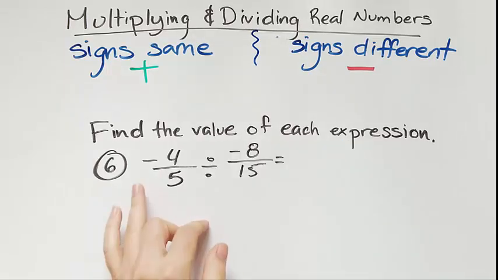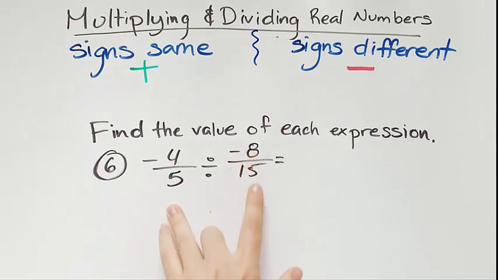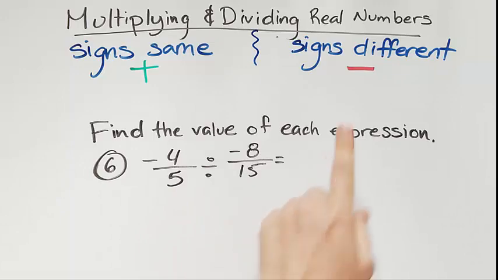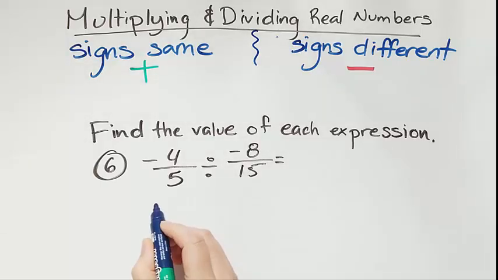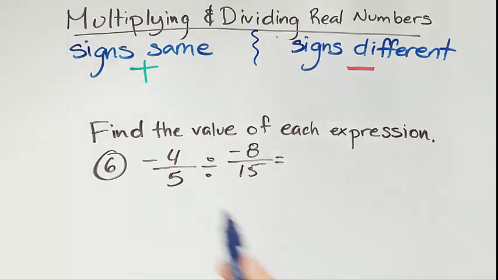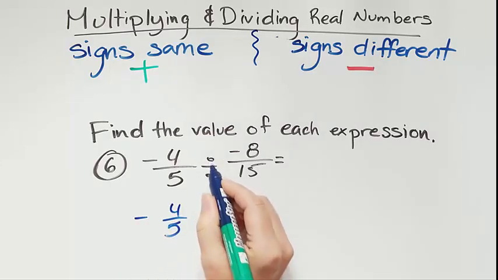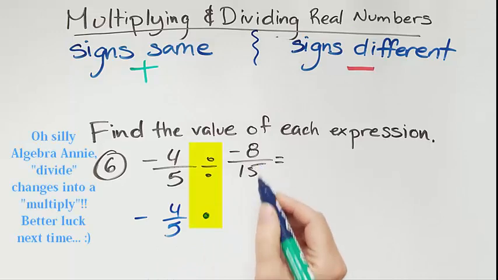Our next problem is negative 4/5 divided by negative 8/15. They're both negative, which means our answer is going to be positive because of the same signs. So now I just need to remember how to divide fractions. If you remember, we don't actually divide fractions, we cheat. So you keep negative 4/5, you change divided into multiplication, and you flip.